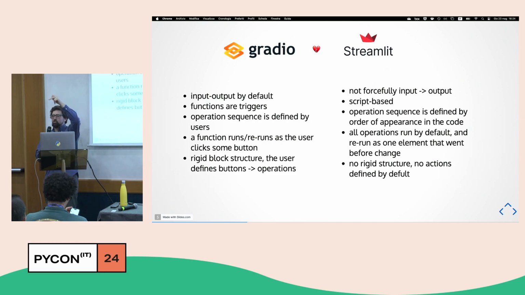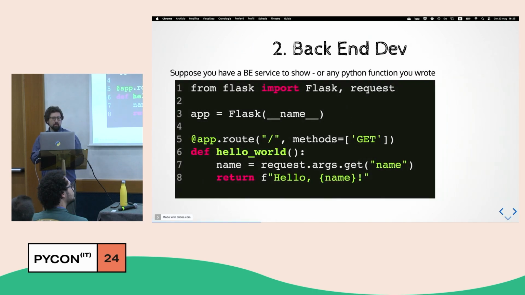Say, if I change the filter, the rest of the script will execute again and the graph will change. Gradio has by default a rigid block structure, and Streamlit has no such rigid structure, as all actions are defined, at least in the default manner.